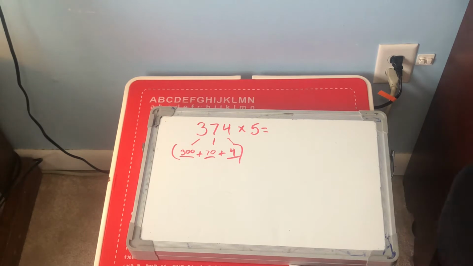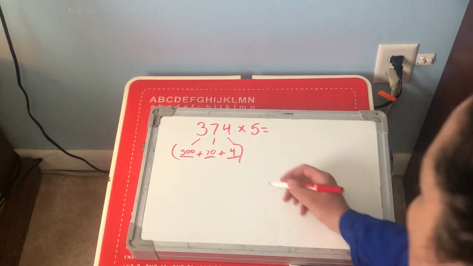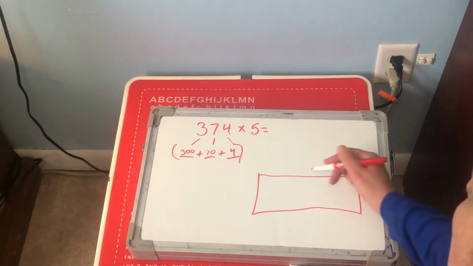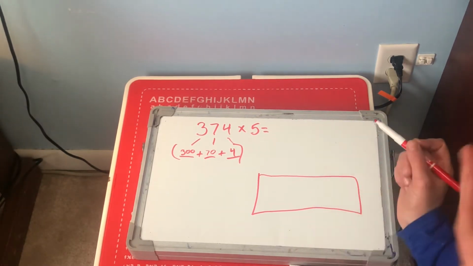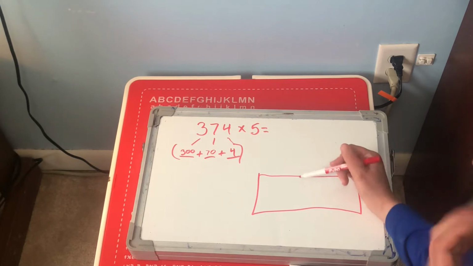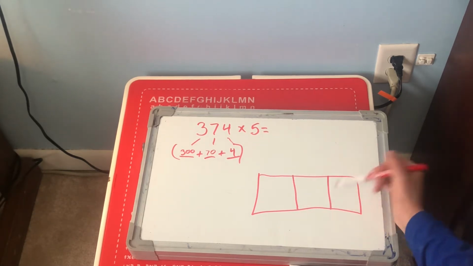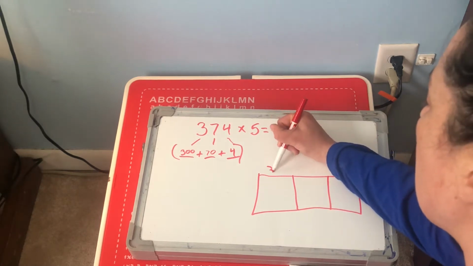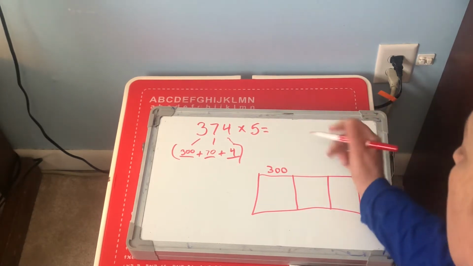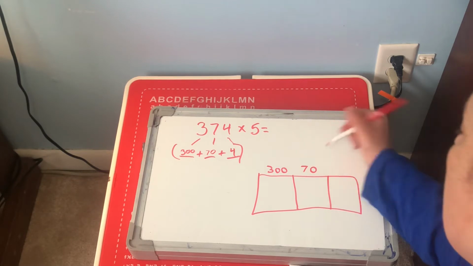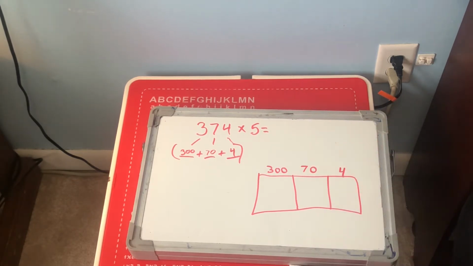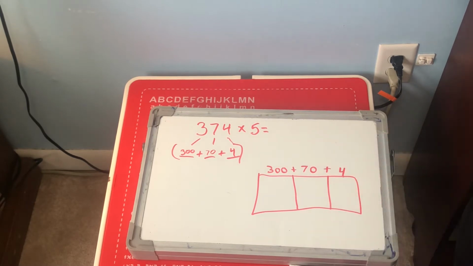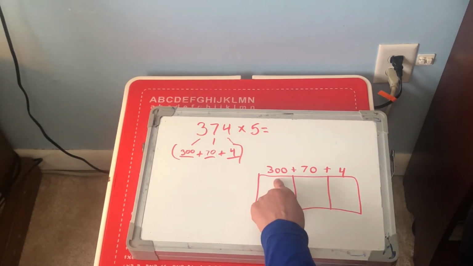Okay, so what does that mean for our area model? I just need a box for each digit. So instead of dividing it in half, how many pieces do I need? I need 3. And now across the top, I'm going to write my 300, my 70, and my 4. And I'm multiplying 374.